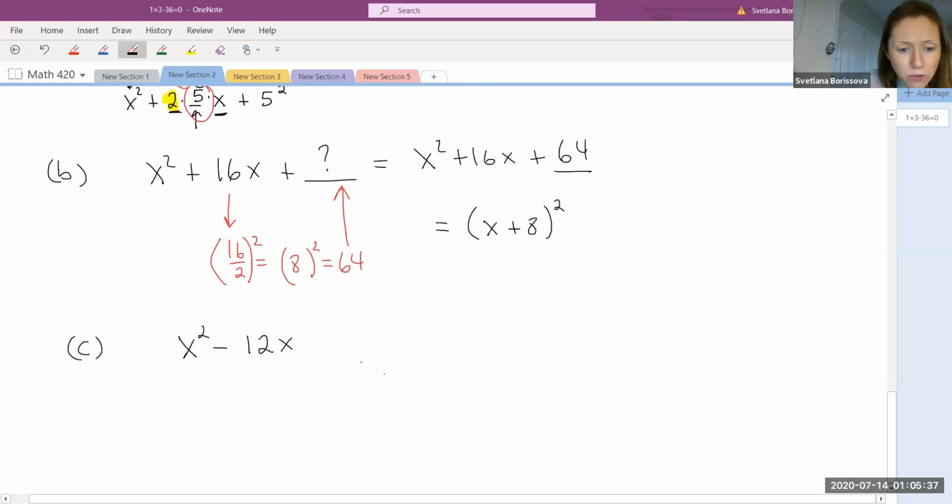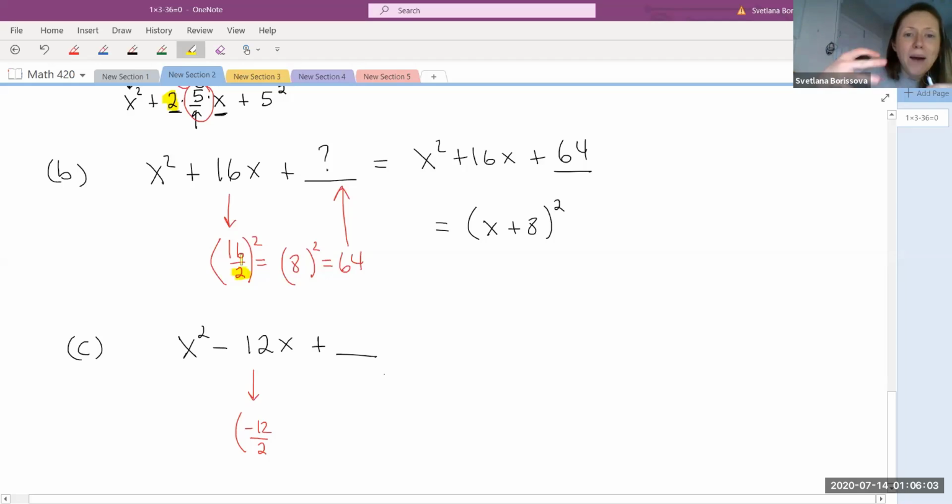So we're trying to find some number to add here so that altogether it follows that special pattern that we call a perfect square trinomial. Okay, so we were talking about the shortcut. It's when you take the middle coefficient. Now the middle coefficient is negative 12 this time, right? So it's negative 12. You would divide it by 2, and that 2 is not just a random number, right?